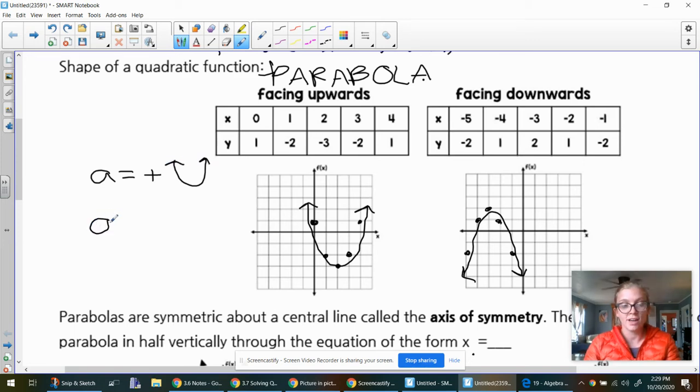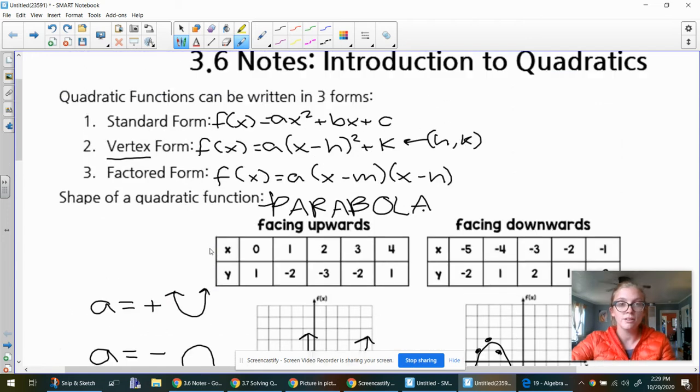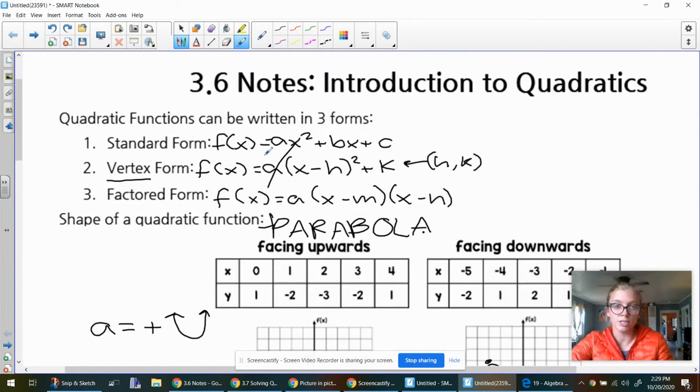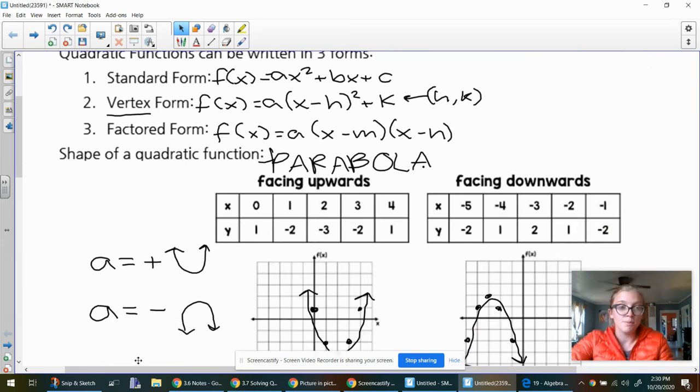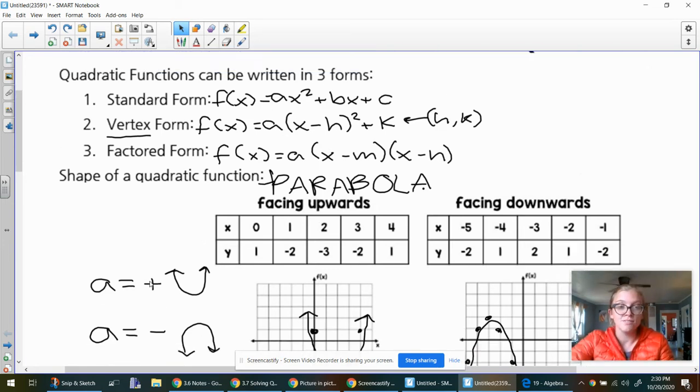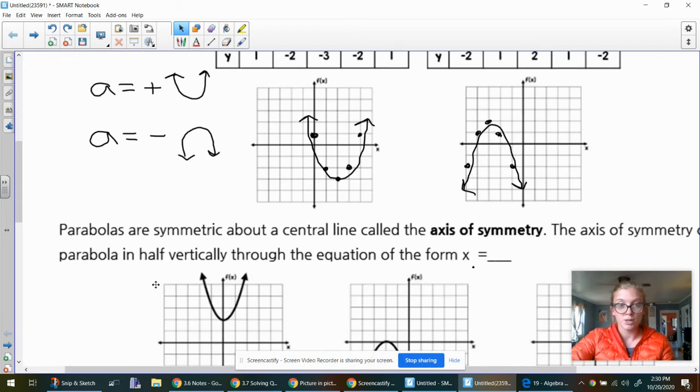If the a value in the equation is negative, my graph is going to open downwards. And you can see above, each of the three forms of the equation has an a value. So ax squared plus bx plus c, a times x minus h squared plus k, and a times x minus m, x minus n. This is what we're talking about when we say the a value. So if it's positive, it opens upward. If it's negative, it opens downwards.